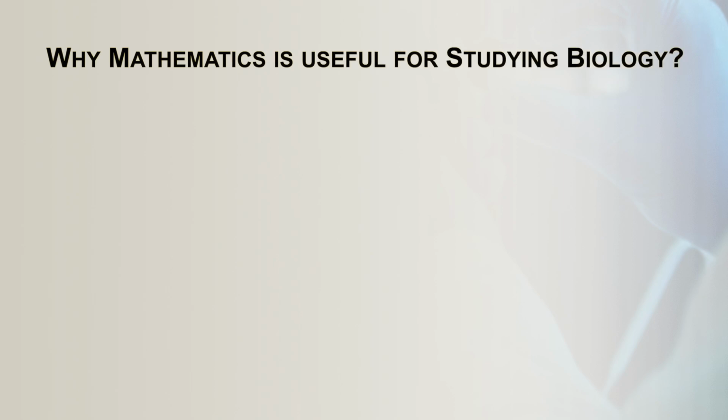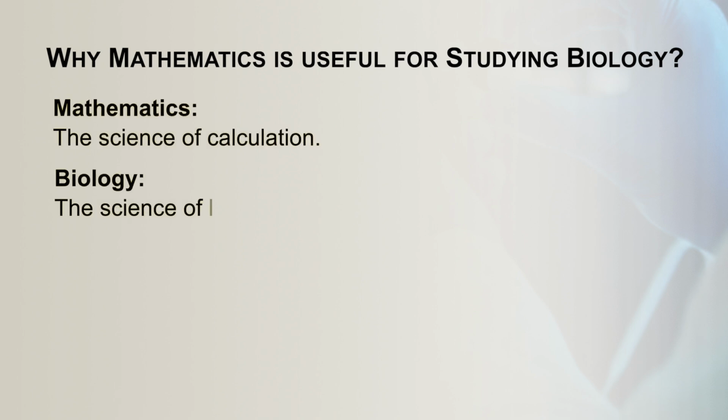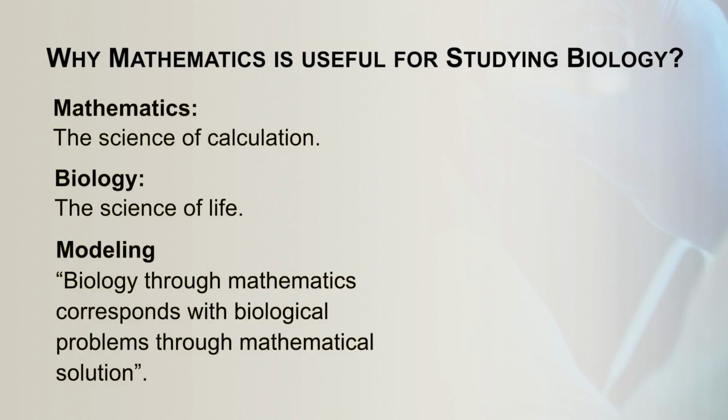This slide shows why mathematics is useful for studying biology. We only need to define biology through mathematics. It means there exists a natural biological phenomenon, but by human understanding we transform the natural biological phenomenon into mathematical problems.